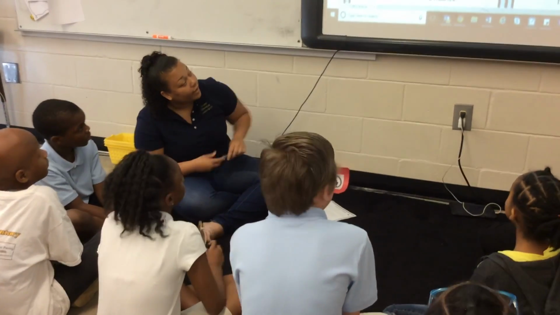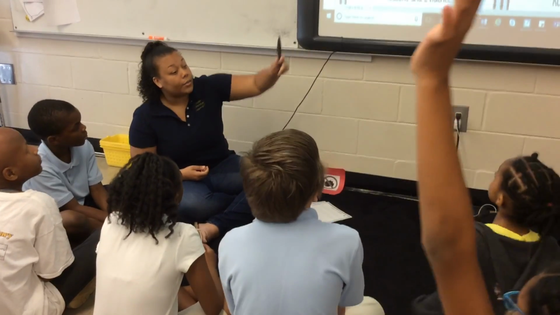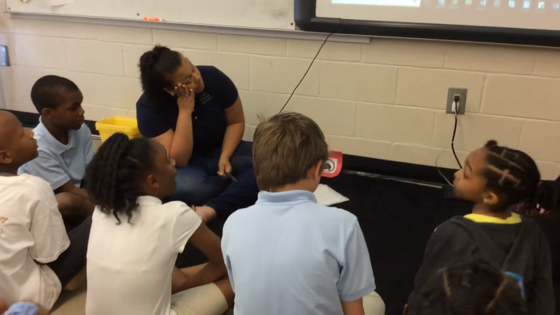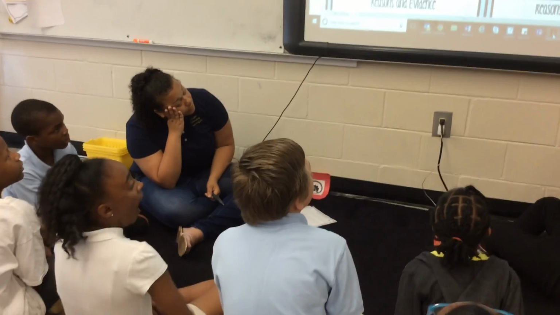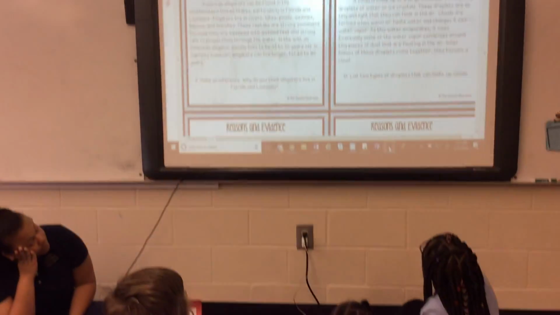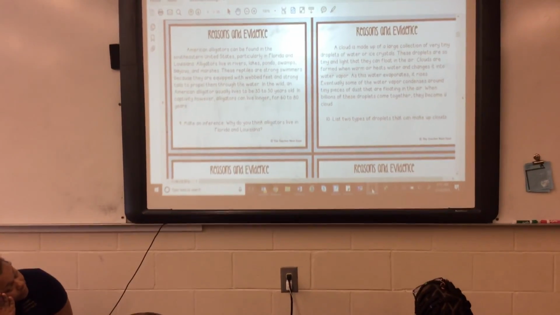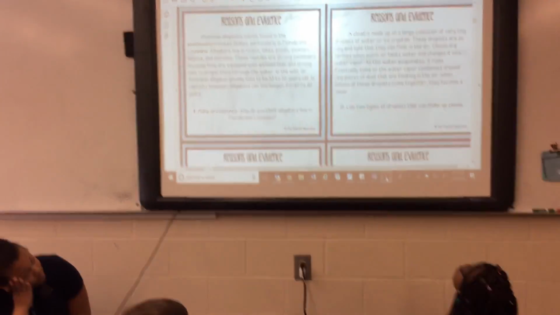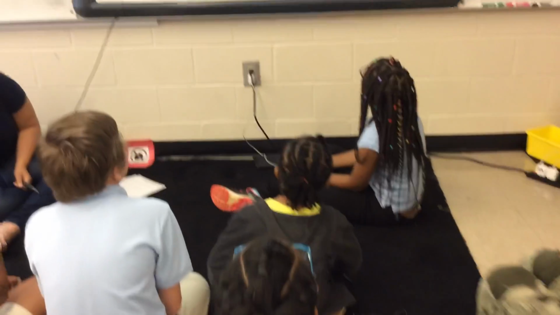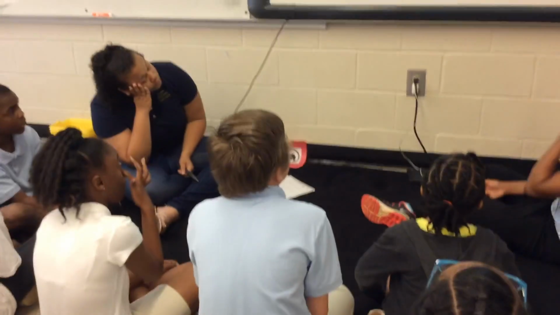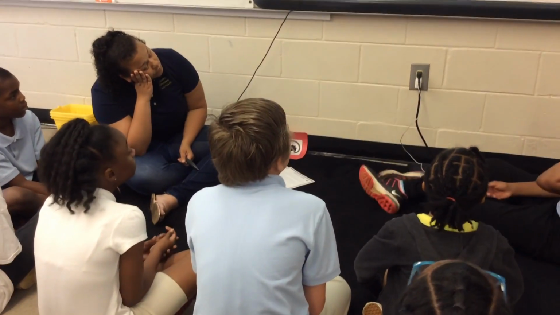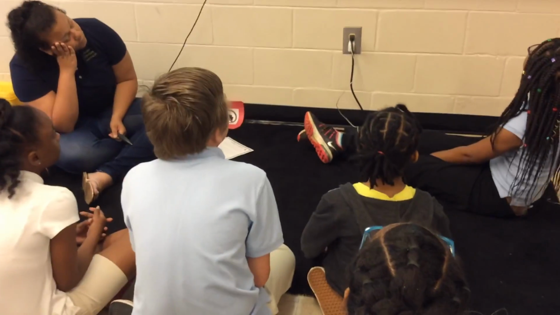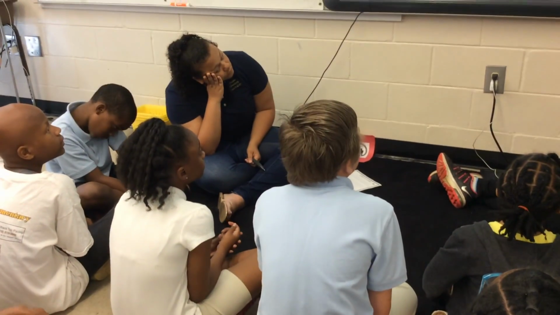Let's do one last one together. Okay. Courtney, can you read the passage? A cloud is made up of a large collection of very tiny droplets of water or ice crystals. These droplets are so tiny and light that they can float in the air. Clouds are formed when warm air heats water and changes it into water vapor.